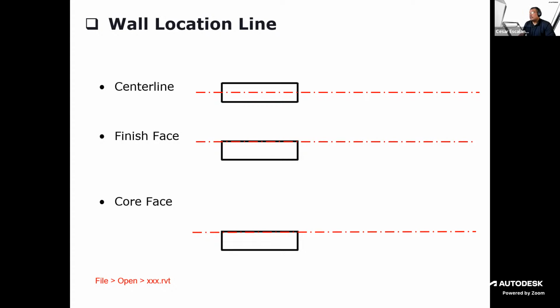And sometimes you may want to use the exterior finish face or the interior finish face in areas of the building where you want to put a placeholder wall type while you decide what the final assembly is.